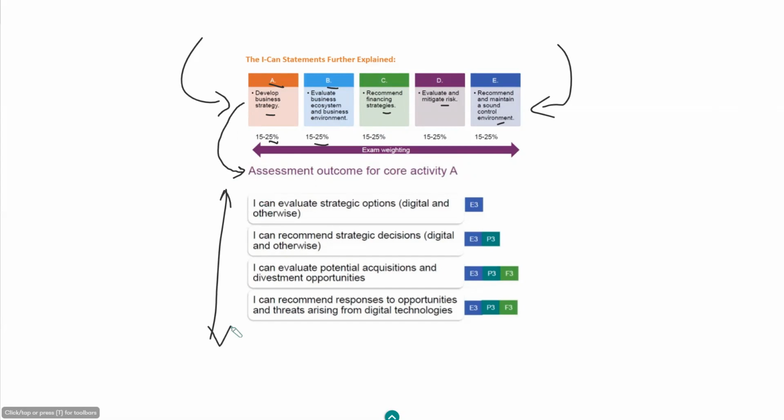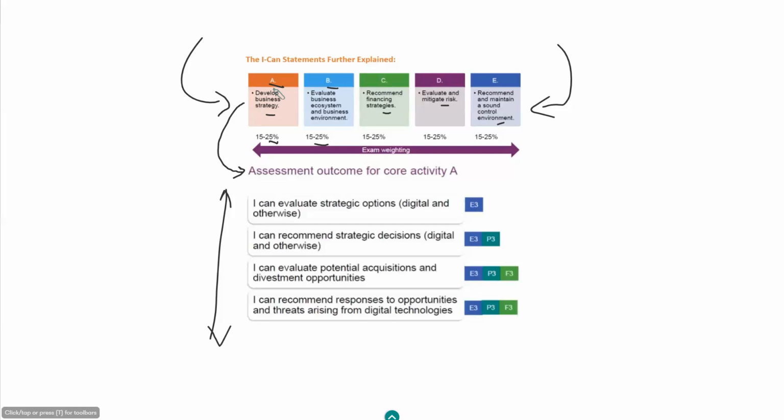So as we can see over here, core activity 1 or A is develop business strategy. To break it down further, in developing business strategy, they have asked a series of questions which, if you can answer, you know core activity A.